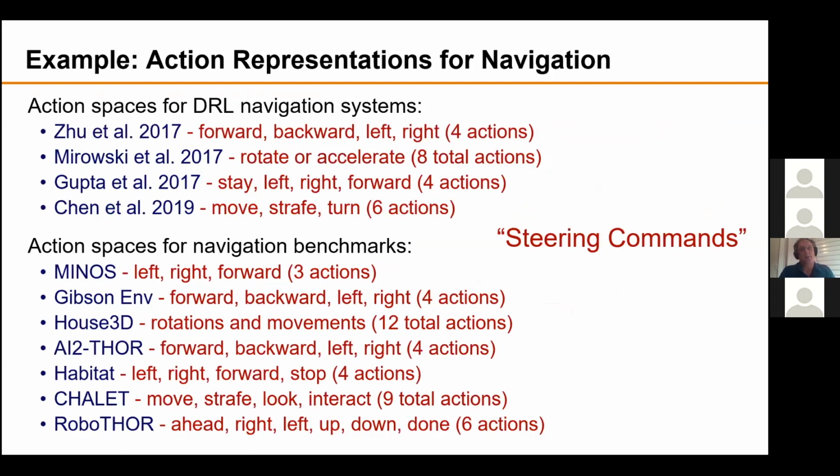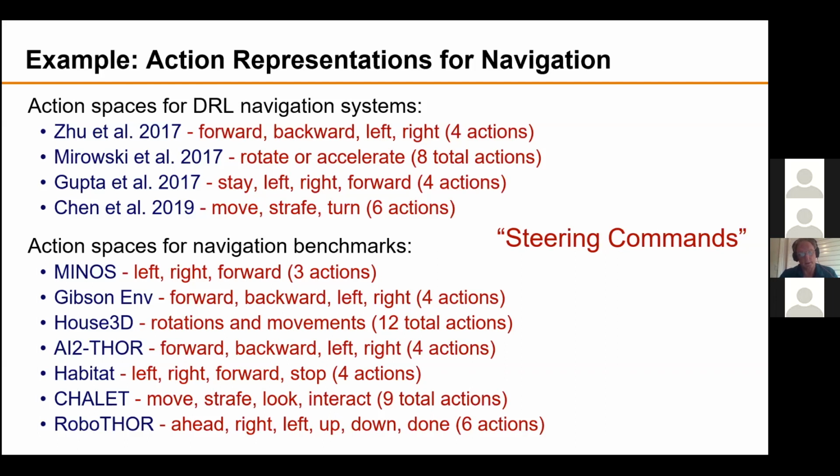And that's relevant in this case of mobile manipulation because most systems that do mobile manipulation, if we just looked at navigation, for example, where you have to take a sequence of steps to perform some sort of navigation task, they almost all use steering commands, which are of the form, move forward by a certain amount, turn right by a certain angle, strafe right, and so on and so forth.